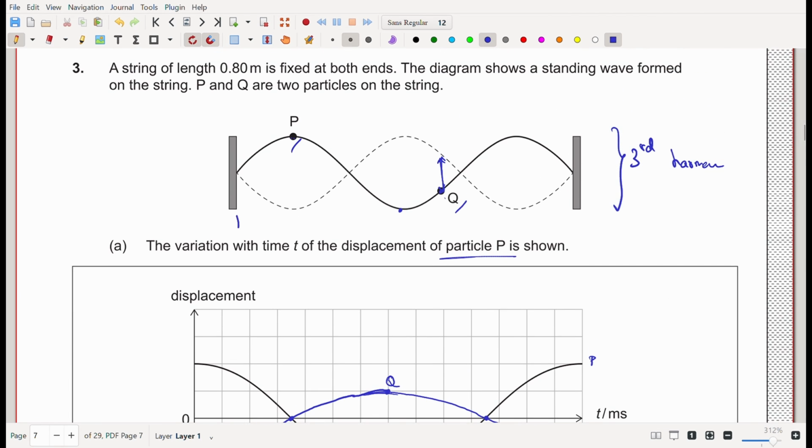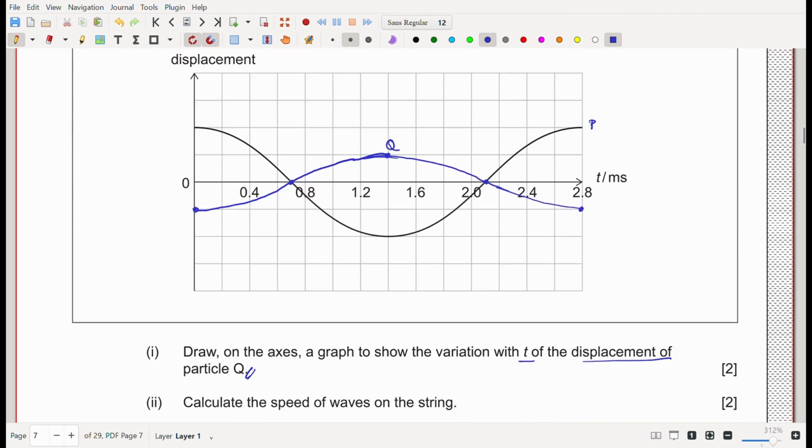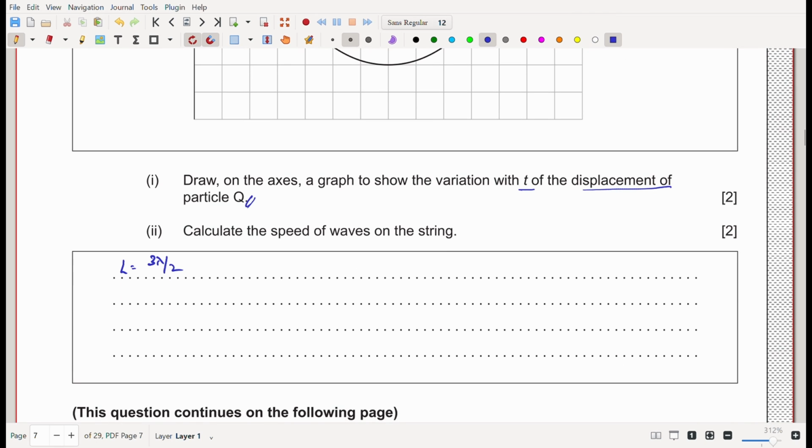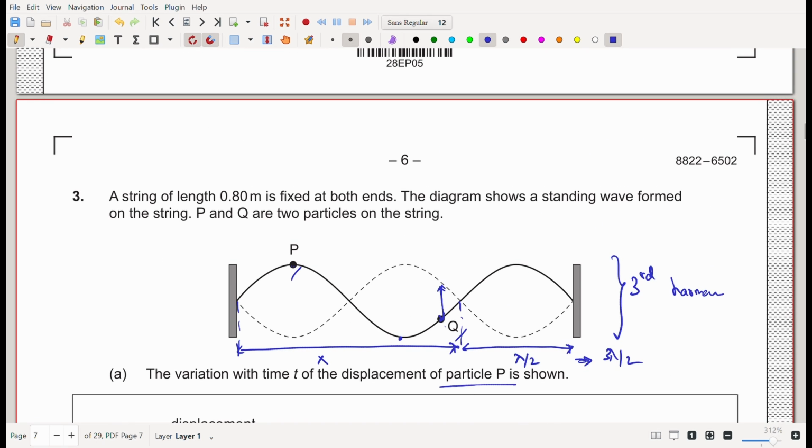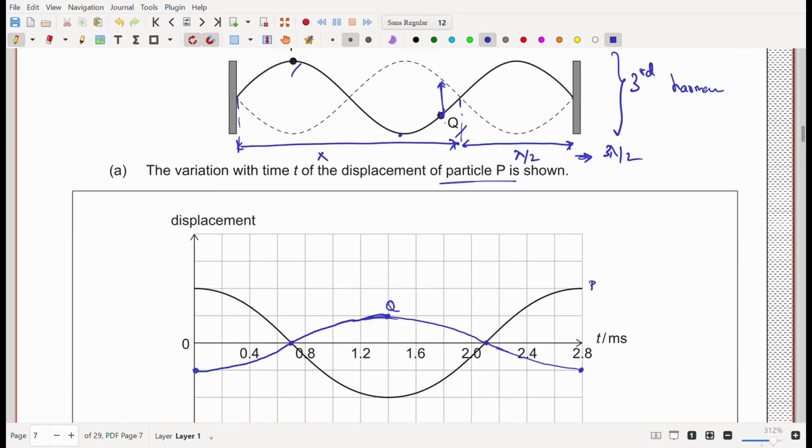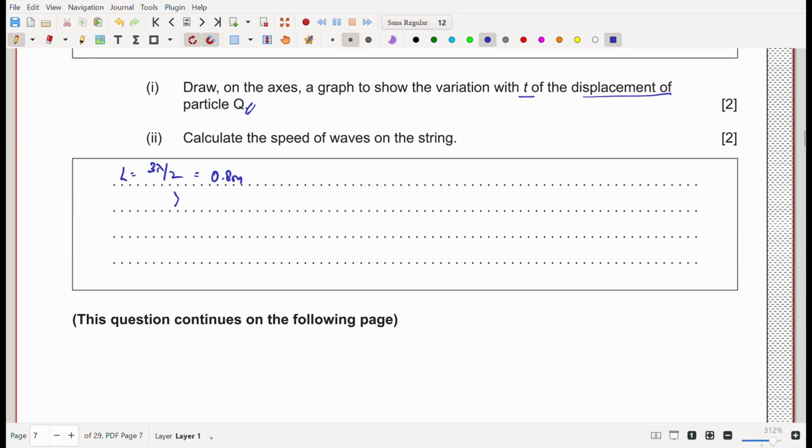This is 1 lambda from this end of the wave to this point, and here you have another half lambda. So the total is going to be 3 lambda by 2. That's a very simple way to remember it, so if you guys need to use that, much easier. So 3 lambda by 2 is equal to 0.8 meters, since we are given the length is 0.8 meters. This means that lambda is equal to 1.6 by 3 meters.